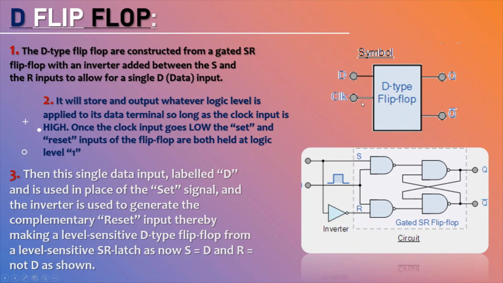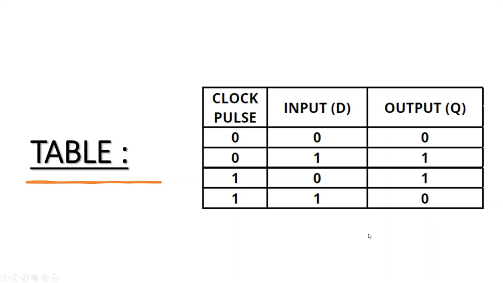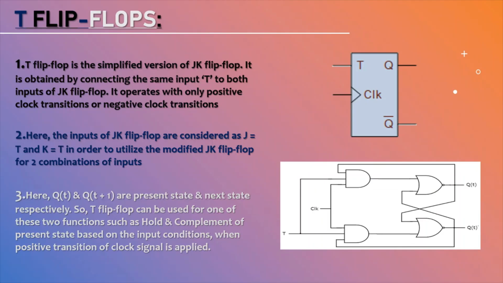You can see the symbols of the D-type flip-flop and circuit of SR flip-flop, gated SR flip-flop. Table: clock pulse, input, output: 0 0 0, 0 1 1, 1 0 1, 1 1 0.